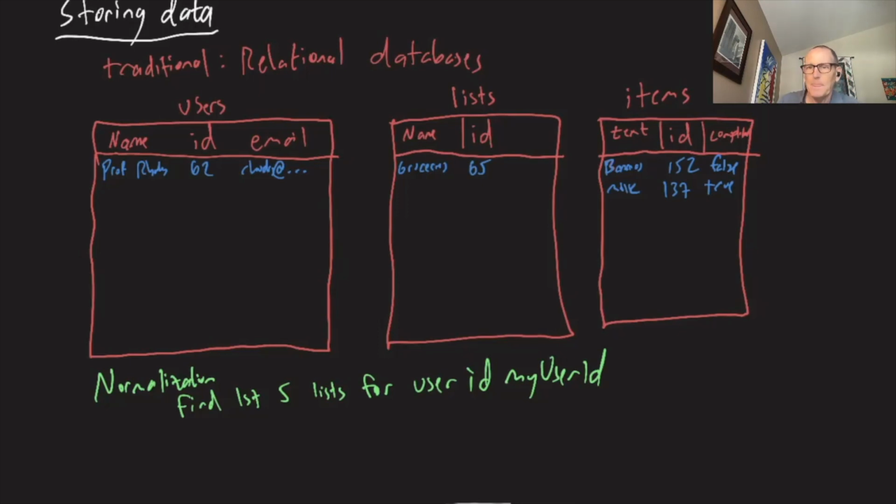So you would do something like select the name and the ID from the lists table, and then you get to specify which subset of items in that list.